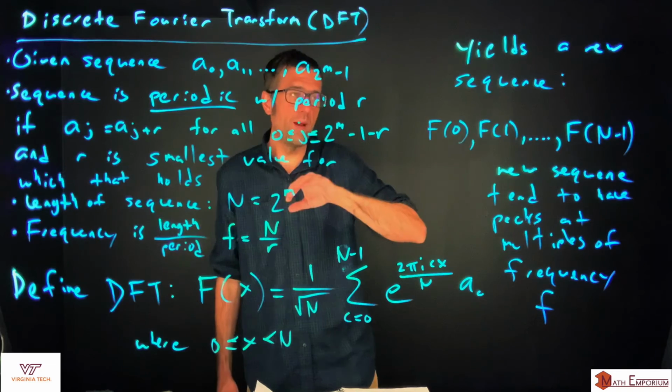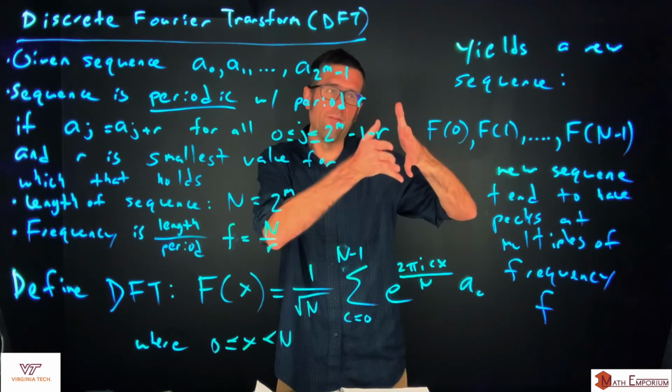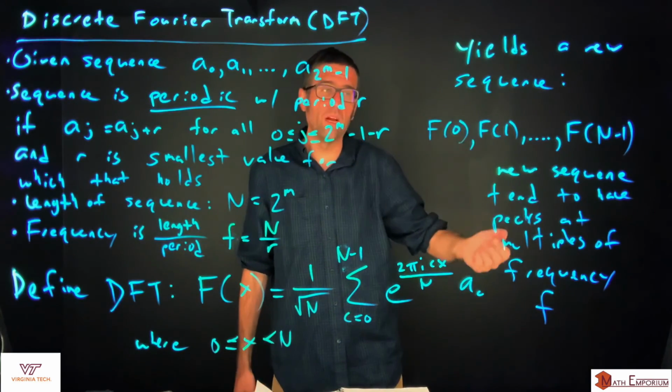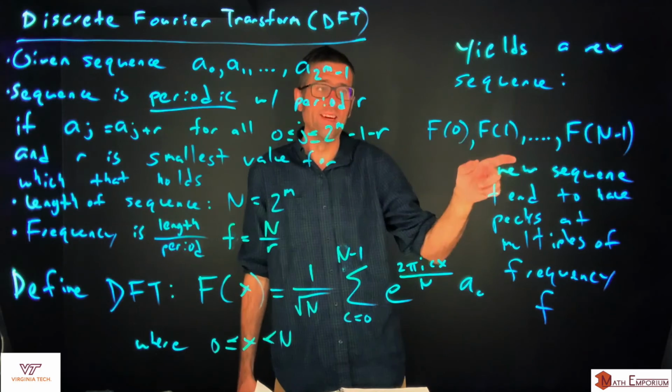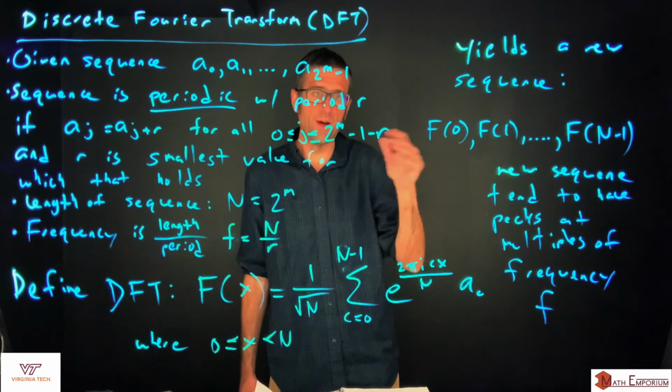So if we do this transformation where we get the sequence that's going to have peaks at the frequency or multiples of the frequency, then when we measure that, we're very likely to get a multiple of the frequency from our measurements.